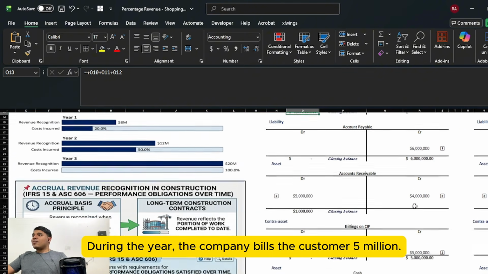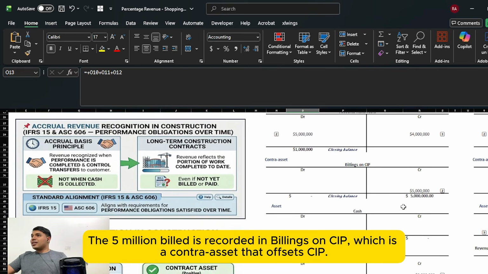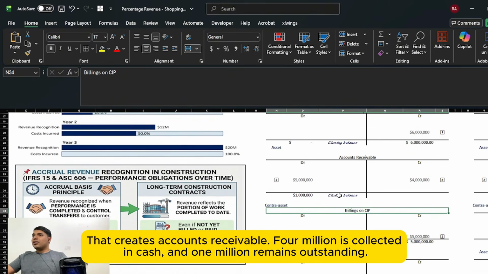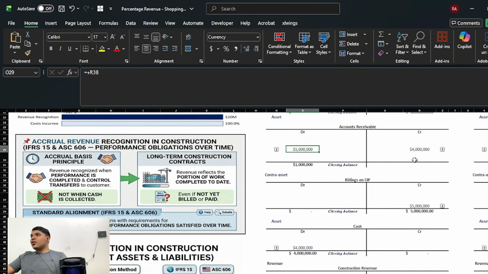During the year, the company bills the customer $5 million. The $5 million bill is recorded in billings on CIP, a contra asset that offsets CIP and creates accounts receivable. $4 million is collected in cash, and $1 million remains outstanding.